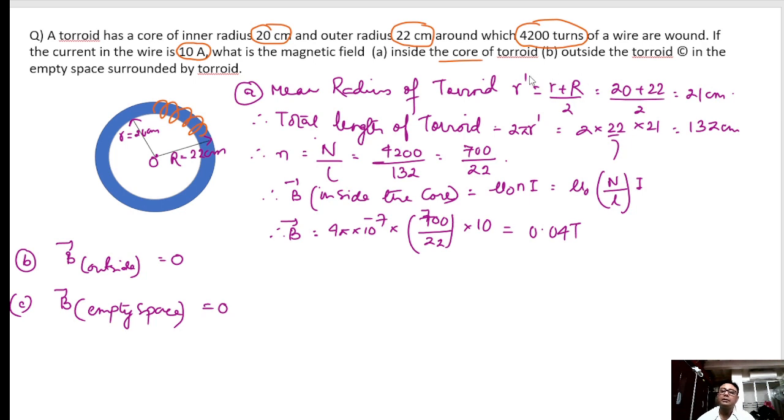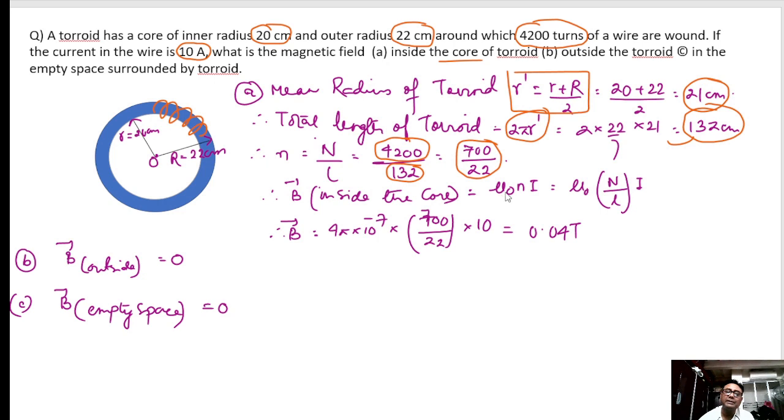First of all, the mean radius of the toroid will be this. Now the total length of the toroid is 2 pi r dash, which is this, and in this length you have total 4200 turns, 4200 turns over a length of 132. So number of turns per meter is this.